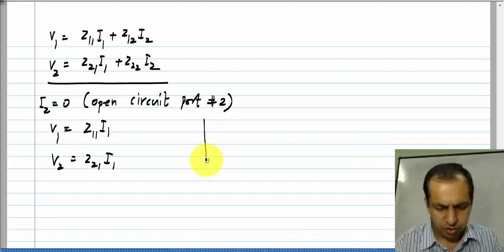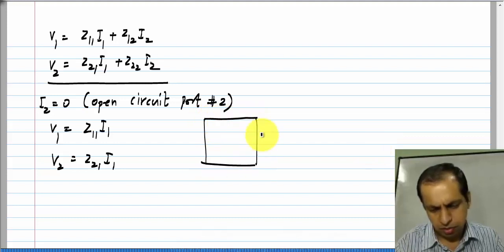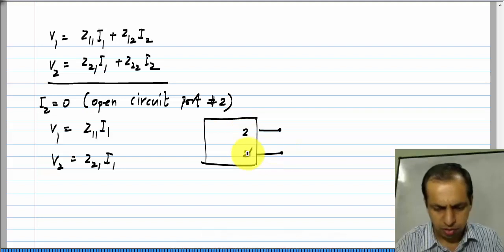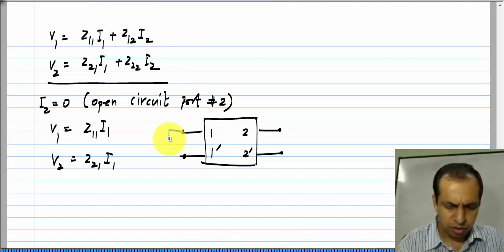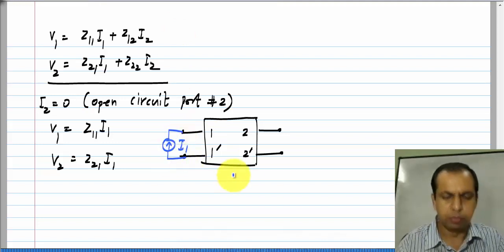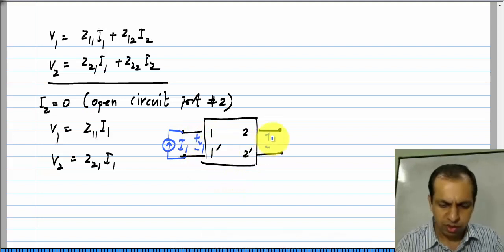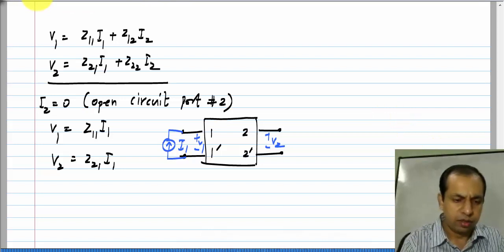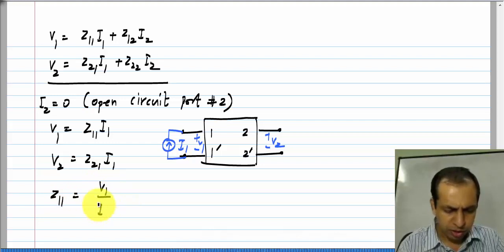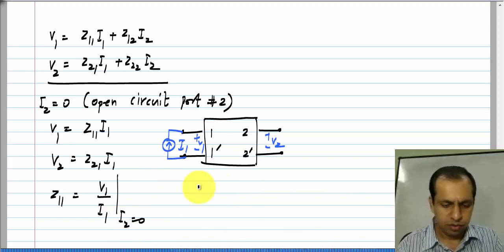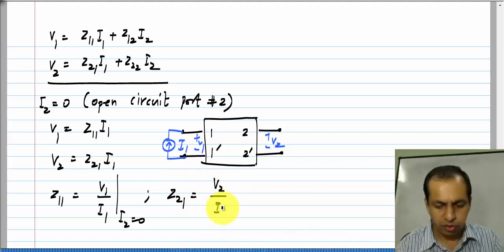In other words, you leave the second port open and you apply current I 1 to the first port and you measure both V 1 and V 2. So, from that we easily see that Z 11 is V 1 by I 1 with I 2 set to 0. And similarly, Z 21 is V 2 by I 1 with I 2 set to 0.